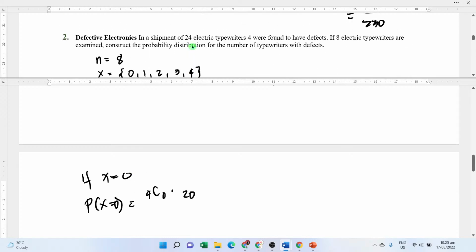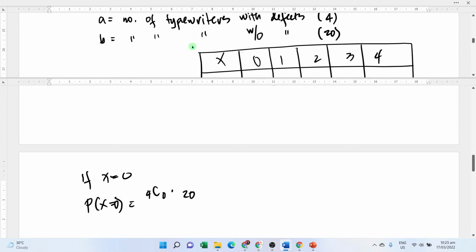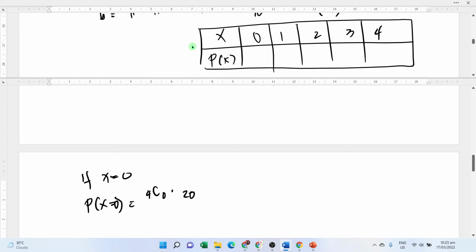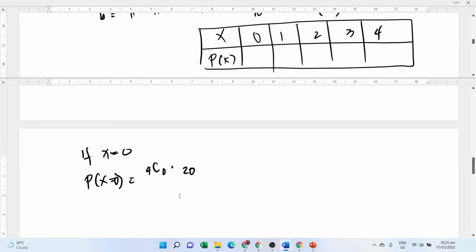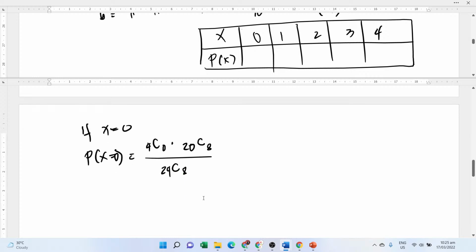Yeah, 20, because there is a total of 24 electric typewriters in the shipment. Since we are examining 8 at a time, we have 4 combination 0 times 20 combination 8. In the denominator, we have 24, the total number of electric typewriters in the shipment, combination 8, the number of electric typewriters in the examination.